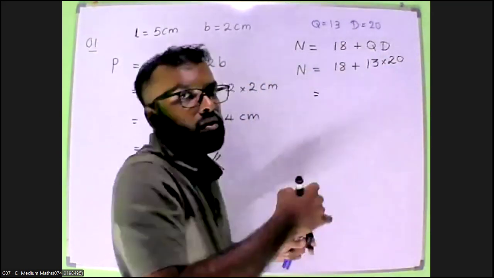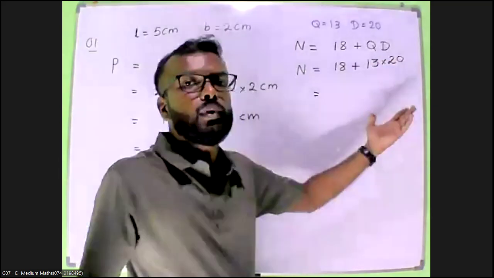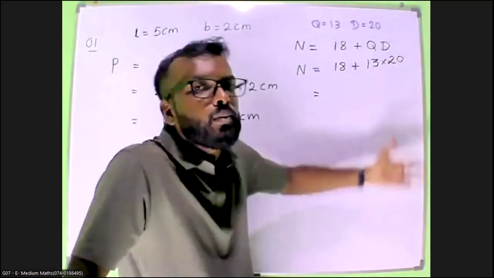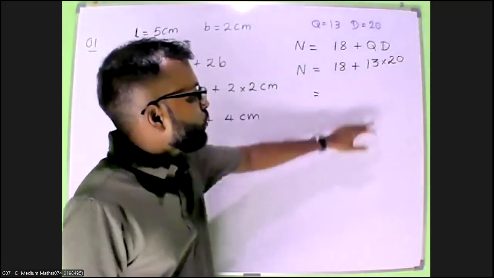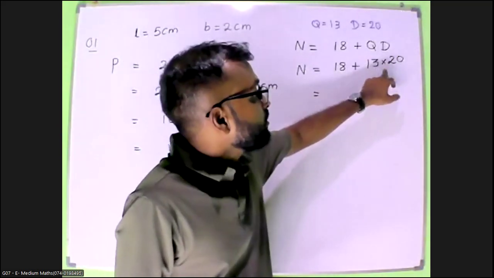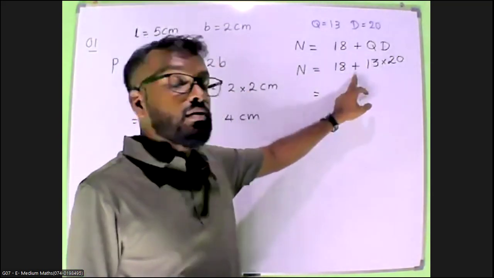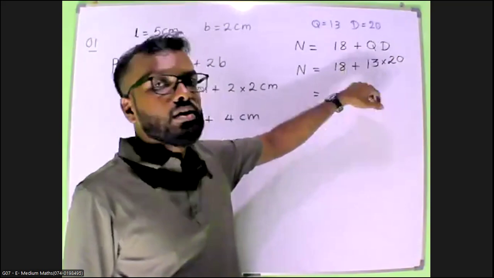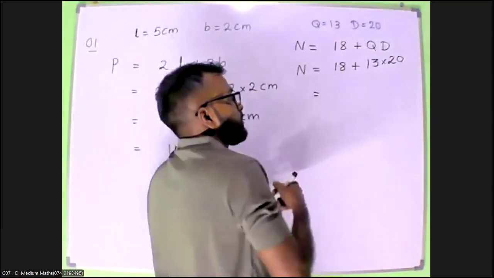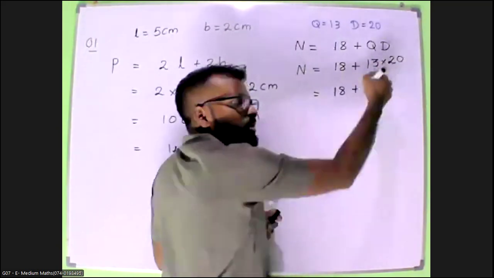Okay. So now this is very easy. We have to add, we have to multiply. So 18 plus 13 times 20. Before we add this 18 to 13, we have to multiply. 13 times 20.